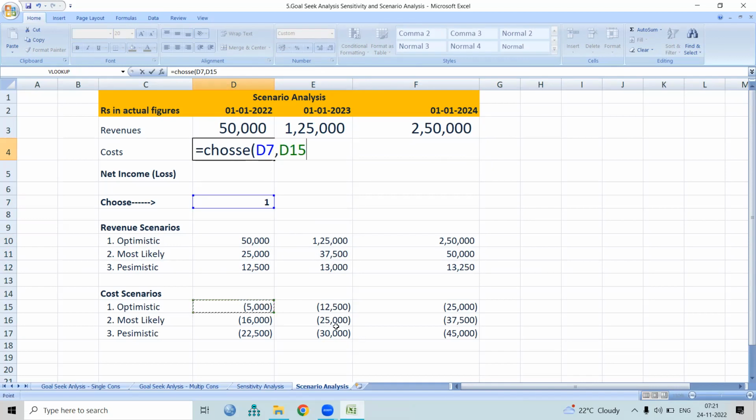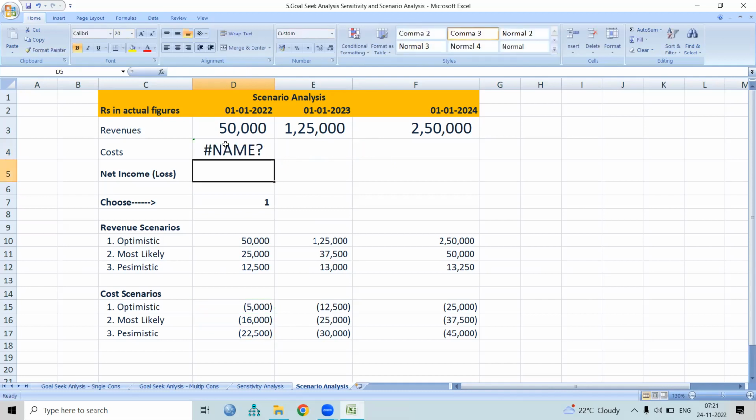The values are D15, D16, D17, close the parenthesis. Before entering, we have to lock the cells, right? So let us lock the cells in between D and 7 and also at the beginning of D, and then enter. This is okay.